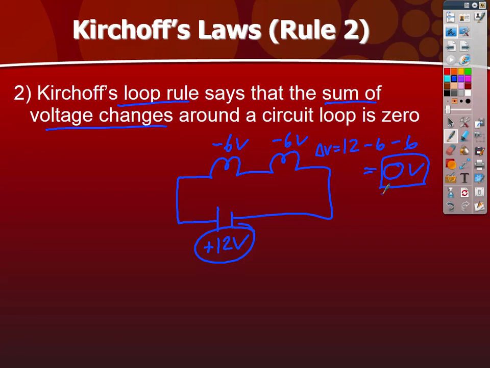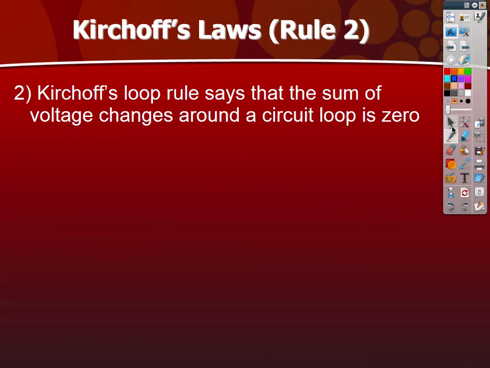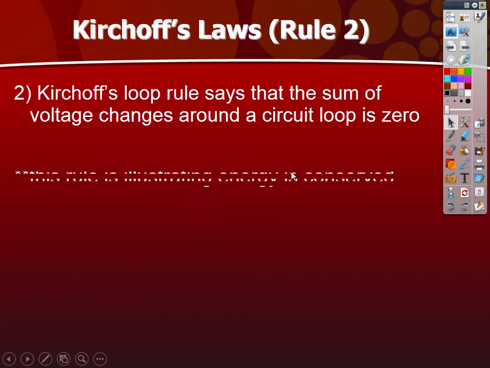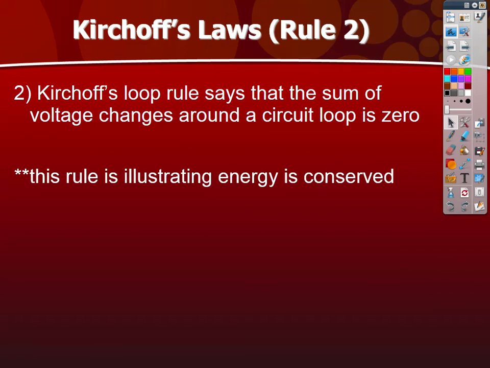You cannot possibly have an extra volt, because then you would just keep adding more energy and somehow creating more and more energy, which doesn't make any sense. That's what the loop rule is relating to: energy must be conserved. It's relating to voltage, potential difference.